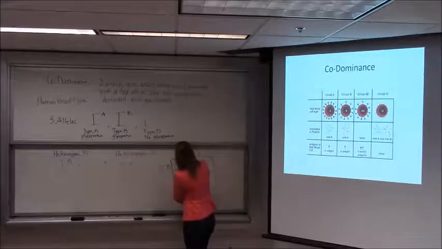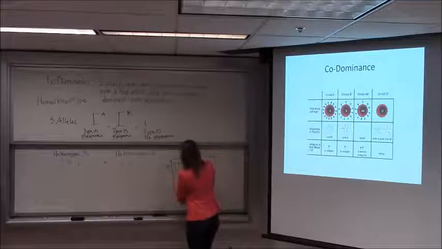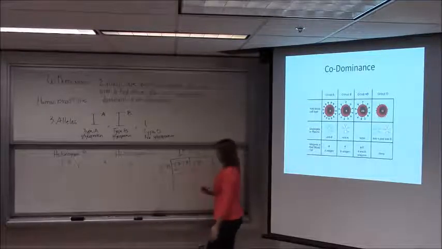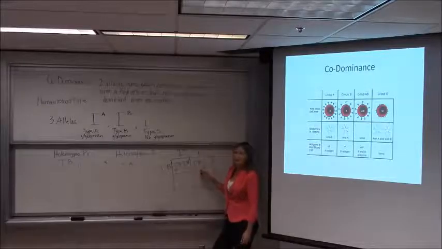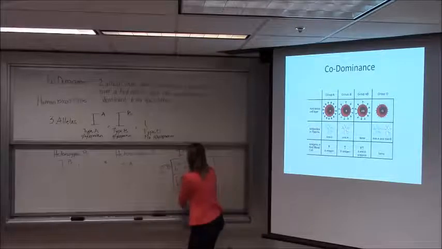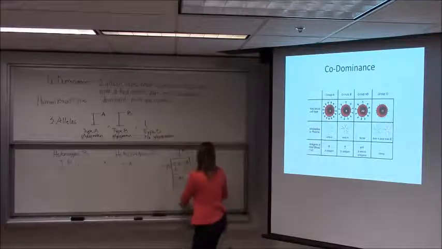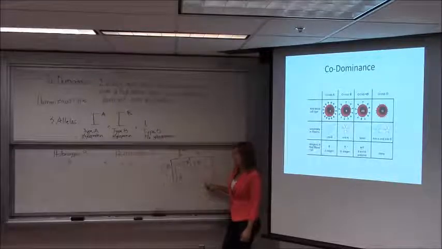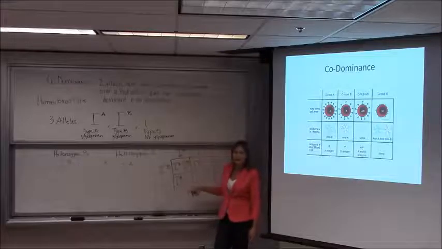So here this baby is going to be type AB. This baby is going to be heterozygous for type B, heterozygous for type A, and we get a type O baby. So in this case, we end up with babies of all kinds of blood type.